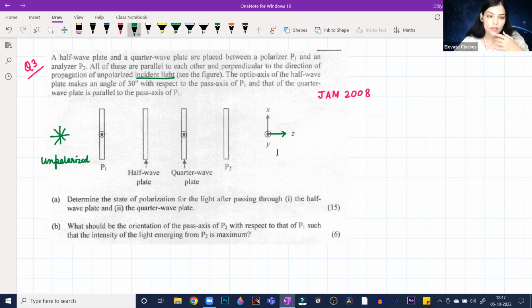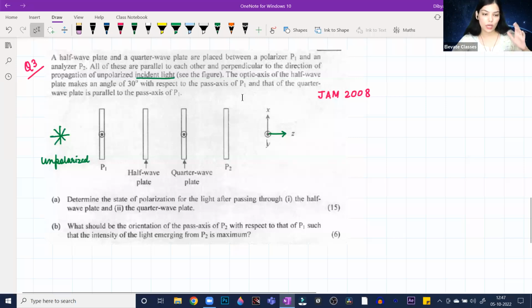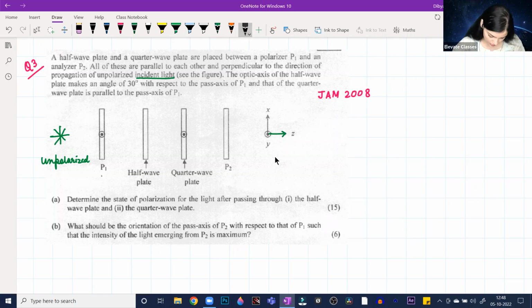Now the optic axis of the half wave plate makes an angle of 30 degrees with respect to the pass axis of the polarizer P1. So अब क्या बोला है कि optic axis जो half wave plate का है, that is making an angle of 30 degrees with respect to the pass axis of P1. तो अगर मैं consider करूँ कि मेरा जो P1 है उसका pass axis मैं ये ले लेती हूँ, that it is parallel to the x direction, so then the half wave plate is actually at an angle of 30 degrees with respect to this.